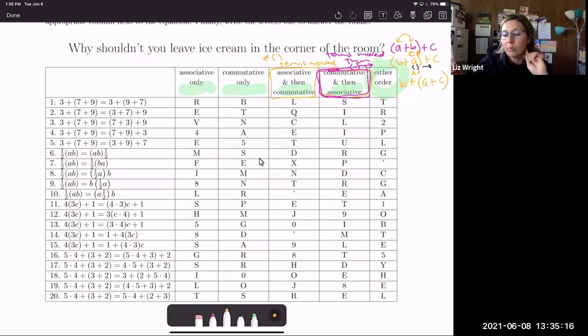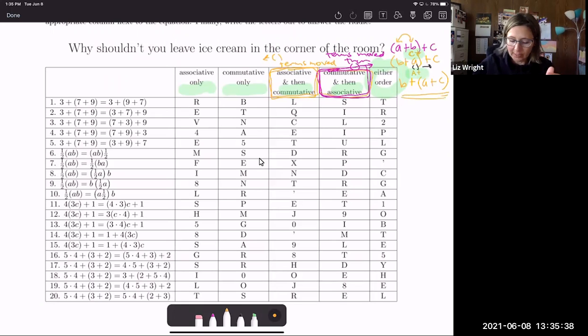In that order, what that means is that I had to do the commutative property first, followed by the associative property. Well, what if we switched it? Let's see if I do it in reverse order, associative and then commutative, if I end up with the same answer or not. Sometimes you do and sometimes you don't.